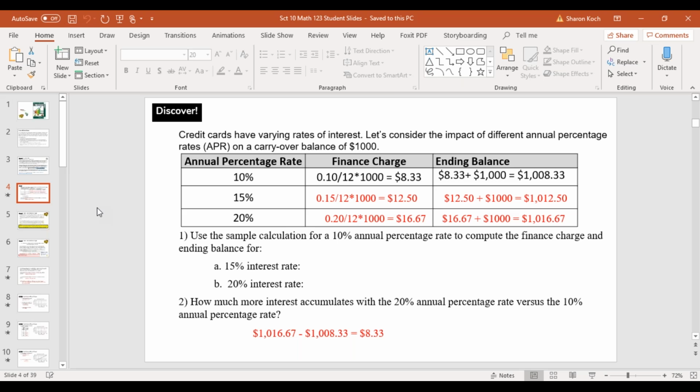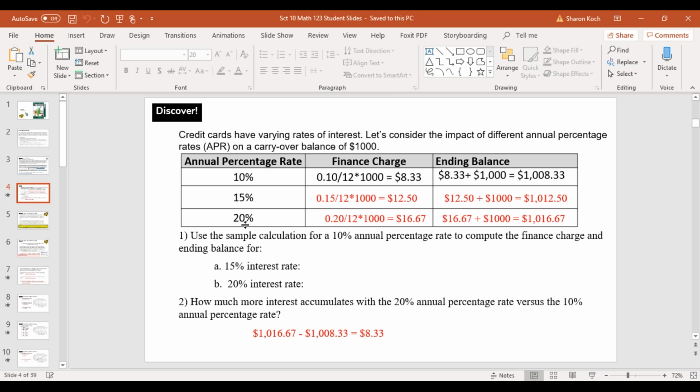Okay, so we're going to take a look at the differences based on APR rates, and we're going to say that this credit card has a carryover balance of $1,000. We're going to see what the difference is in these APR rates and how much it's going to cost us in the long run. Now, APR stands for annual percentage rate, and in this case, 10%, 15%, 20%, but finance charges come at a monthly balance.